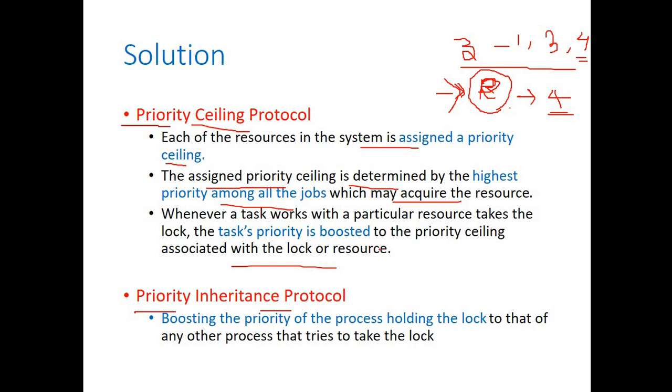In that way, the priority of the process will be boosted for a certain duration of time and the process executes at that priority level only. The priority inheritance protocol boosts the priority of the process holding the lock to that of the other process that tries to take the lock.